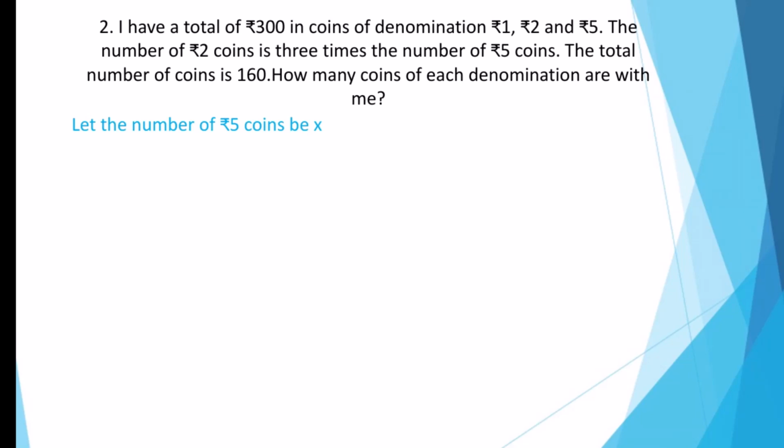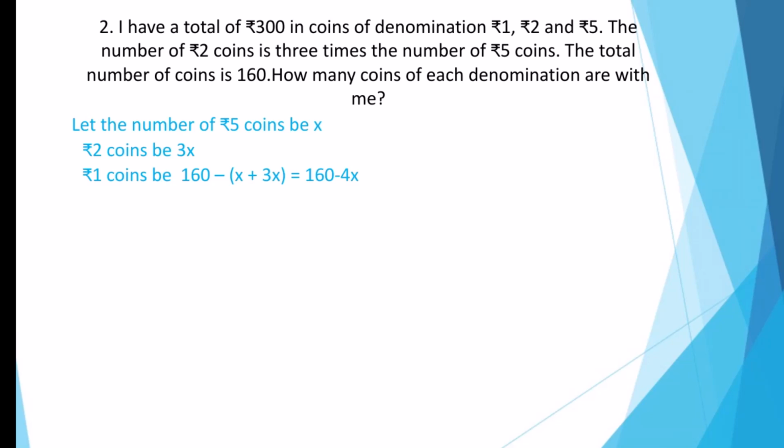Now, the number of rupees 2 coins is 3 times the number of rupees 5 coins. So the number of rupees 2 coins is 3 into x, that is 3x. Then the number of rupees 1 coins is 160 minus x plus 3x, since the total number of coins is 160.